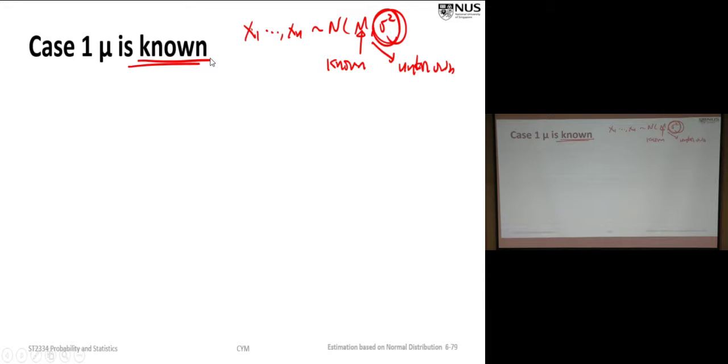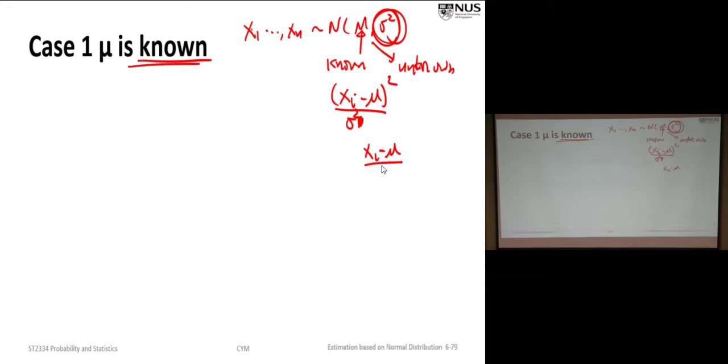Now when mu is known, we use a slightly different approach. We ask ourselves, what is (xi minus mu) over sigma, (xi minus mu) over sigma squared.